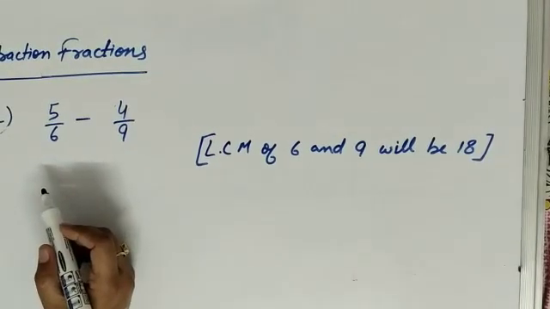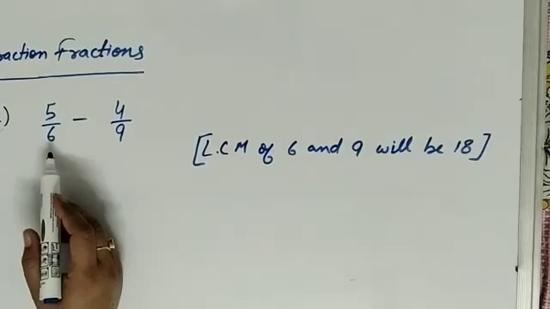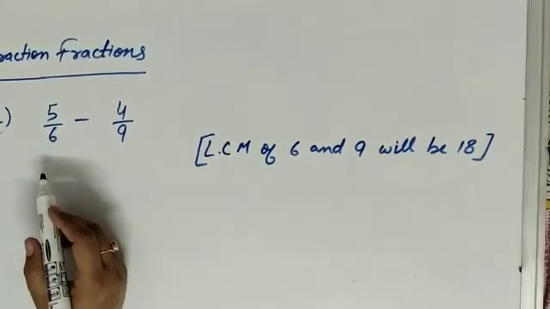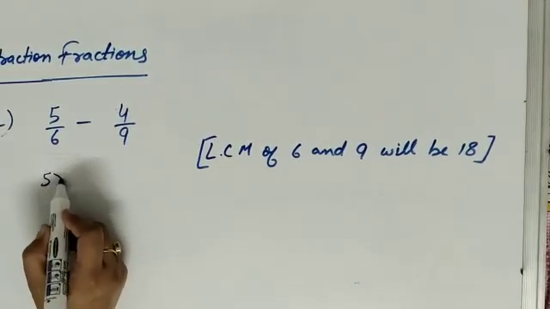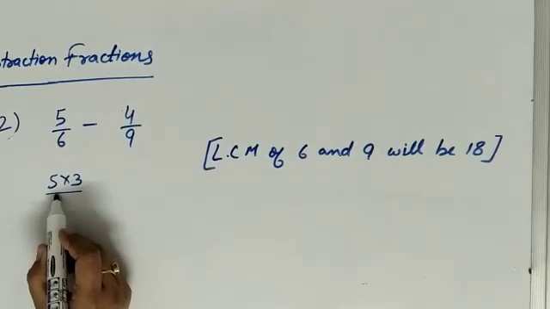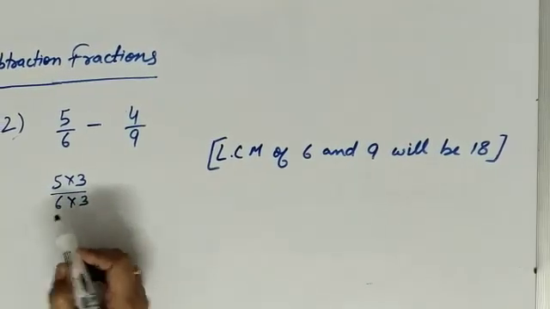We will make 6 as 18 by multiplying with 3, so we multiply 5 with 3 and we multiply 6 with 3.